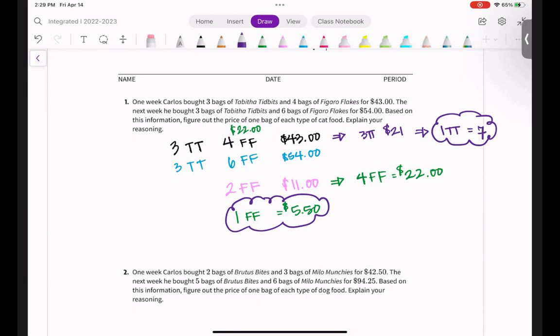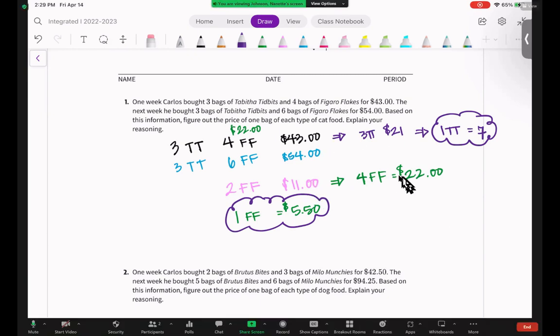Okay, then the next part goes like this, right? The next part says, well, now that I know what one Figaro flake costs, I now need to know how much Tabitha tidbits are. And I noticed that this is 4 of them. So I say, oh, if 2 of them cost $11, that means 4 of them cost $22. And that's legit because when you're purchasing something, you're assuming that the price is going to be the same throughout, right?